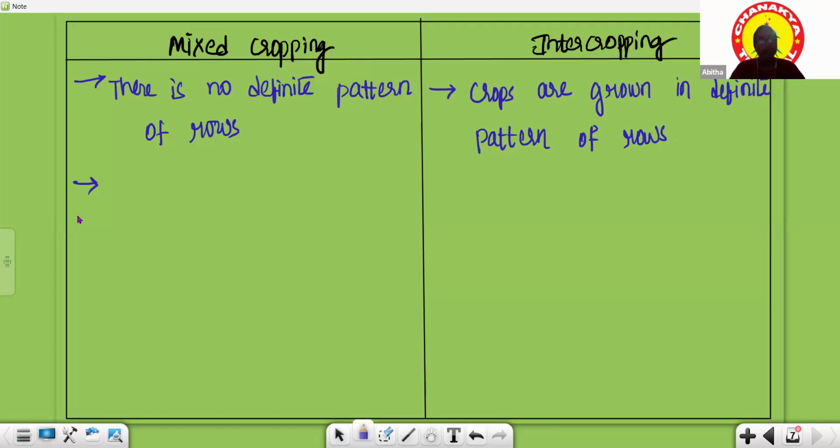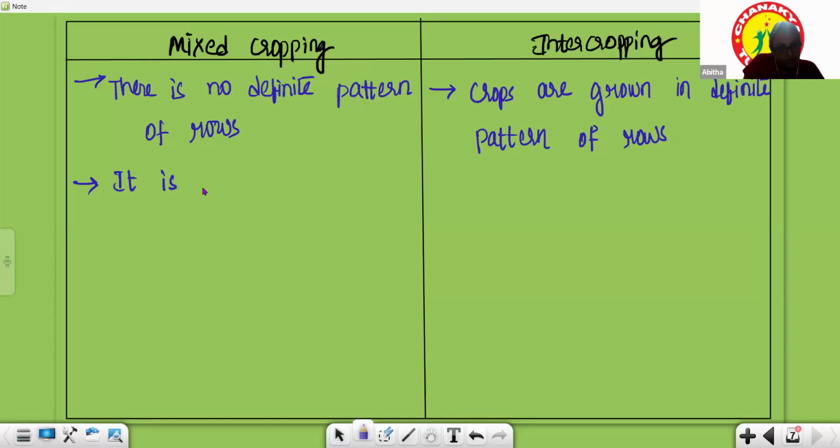So why are we following mixed cropping? What are the advantages we have seen? To minimize the risk of crop failure, mixed cropping is followed, whereas intercropping is followed to get good yield per unit area. So these are the two benefits of mixed cropping and intercropping.